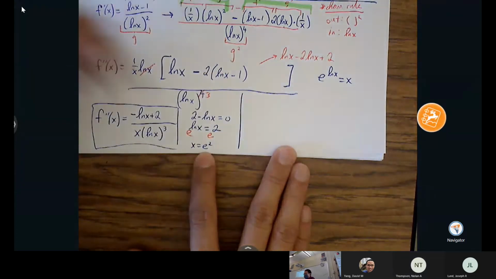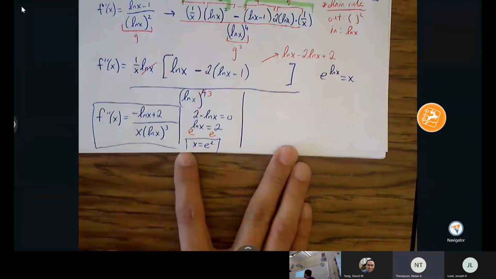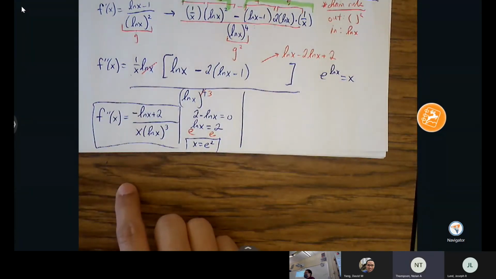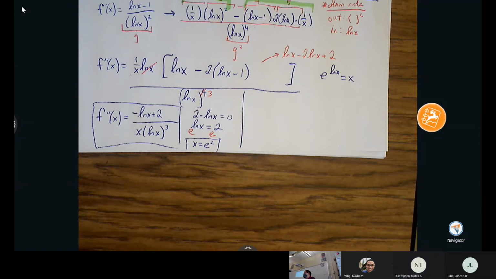Okay, so how do we find our other critical points? Where do we look now? Denominator, right? Just like f prime.